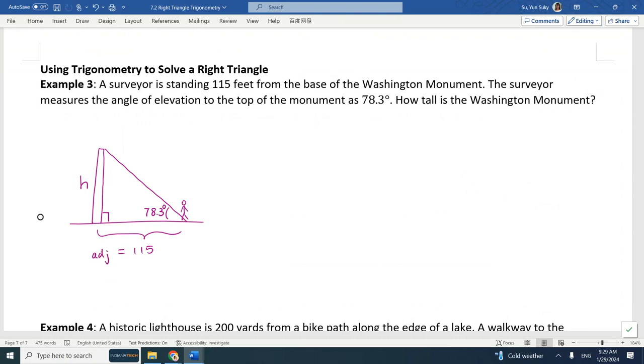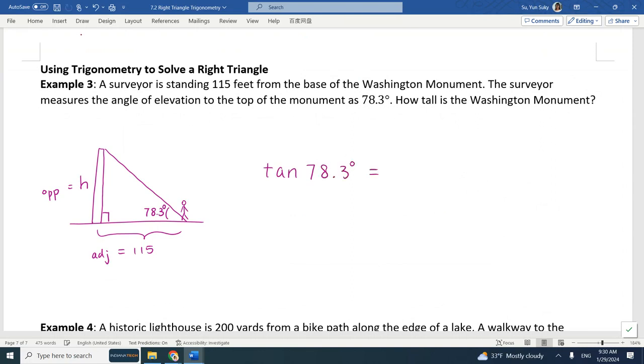How about the height? The relation between the angle. Yes, opposite. Okay. Which trig function relates opposite and adjacent? Tangent. See, be familiar with the 6 trig functions. Then we know, okay, it's tangent.